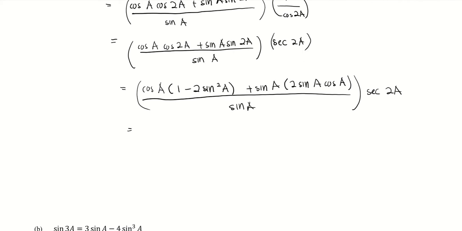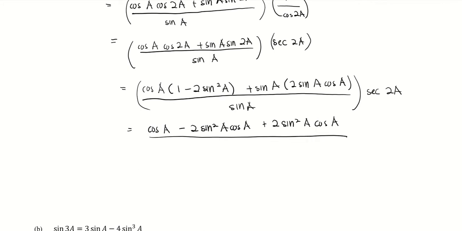So we can simplify this. This is cos A minus 2 sine squared A cos A, and this is plus 2 sine squared A cos A, over sine A. Here we can cancel or eliminate 2 sine squared A cos A, because we have negative, positive, so we can eliminate this.